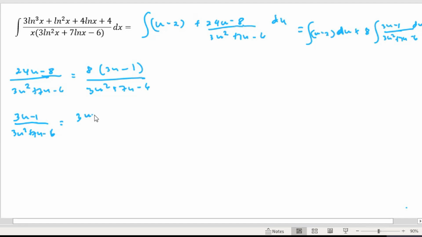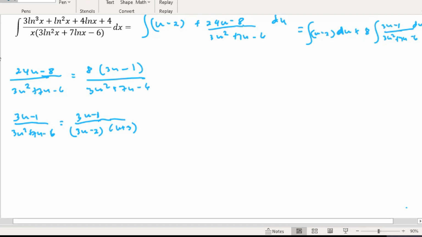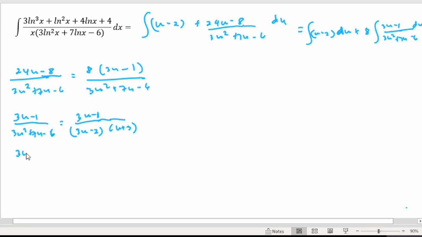I can write 3u minus 1, and the factors of the denominator are 3u minus 2 times u plus 3. So the equivalent partial fraction of this will be a over 3u minus 2 plus b over u plus 3.